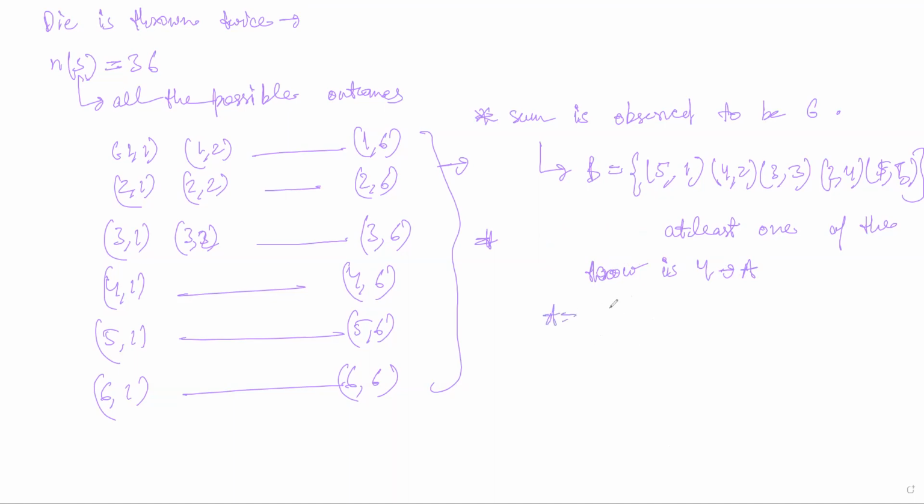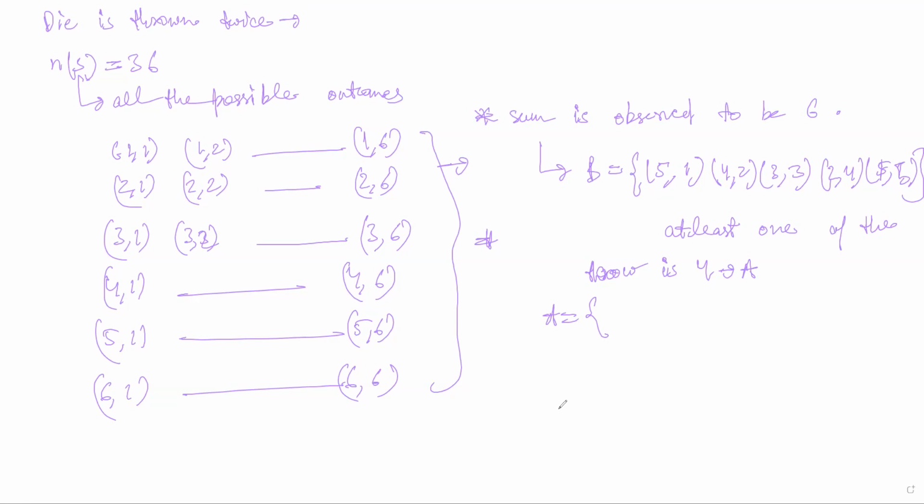So can you tell me all the elements inside A? 4 1, 1 4, correct. 4 2, 4 3, up to 4 6, correct. And 2 4, 3 4, similarly up to 6 4.